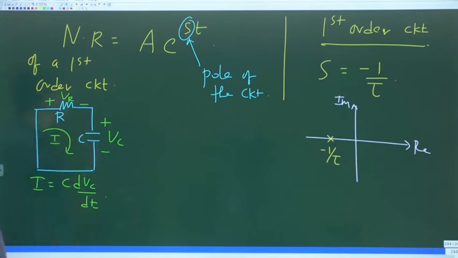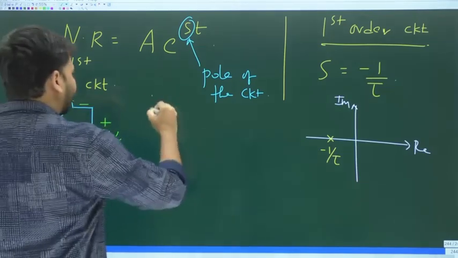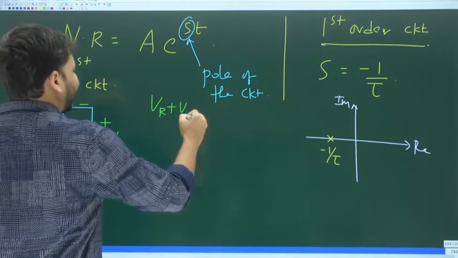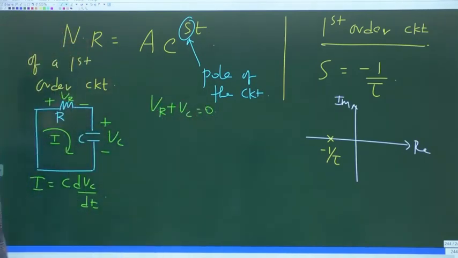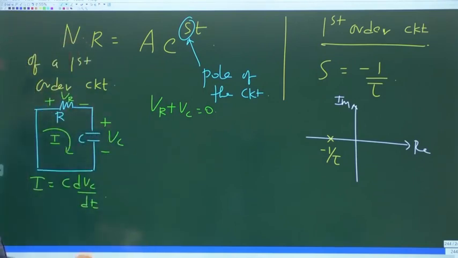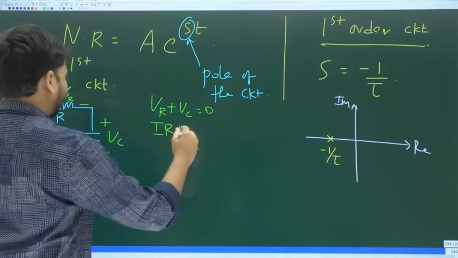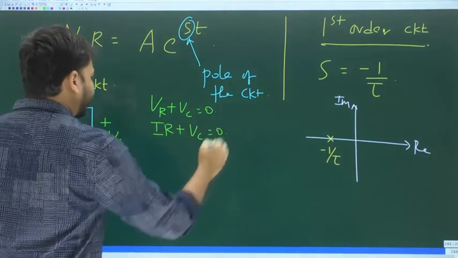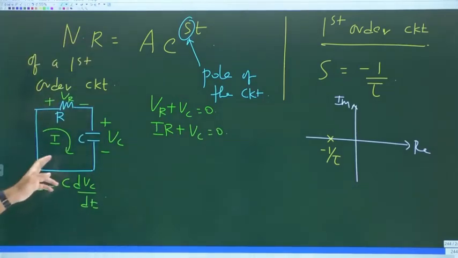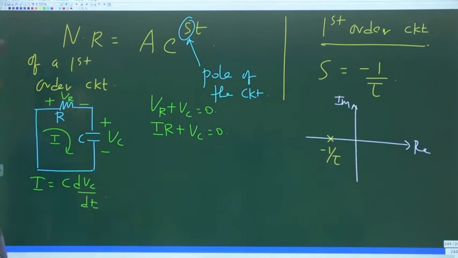Vc is the drop across the capacitor. If you write KVL around the loop, we get VR plus Vc equal to 0. VR is I into R, so I R plus Vc equal to 0. Now I is also the current through the capacitor, which is C dVc by dt.